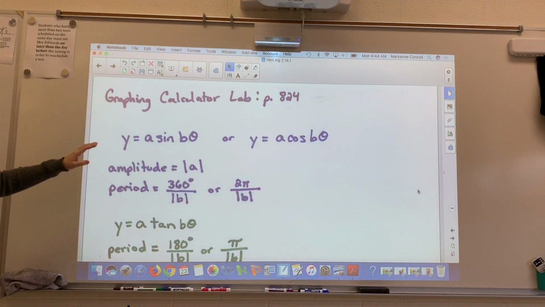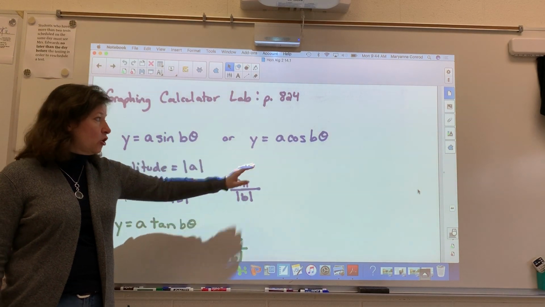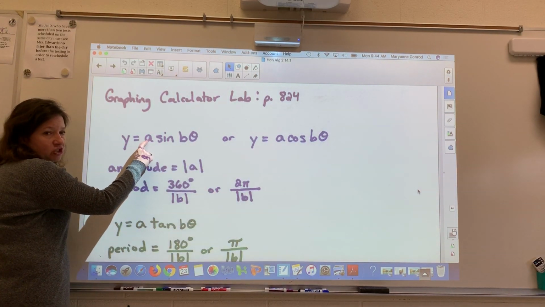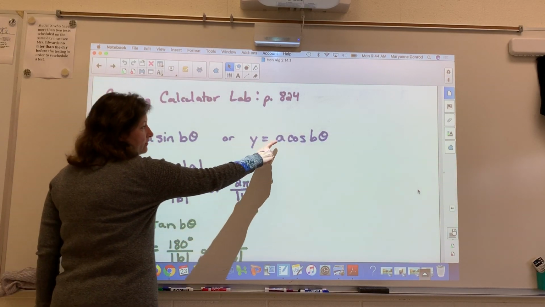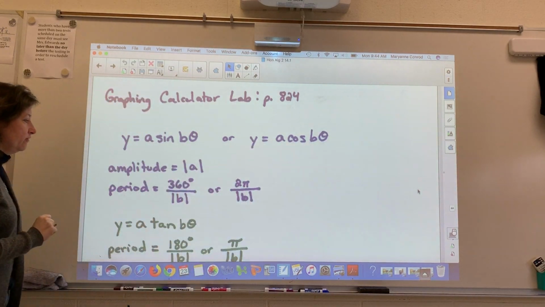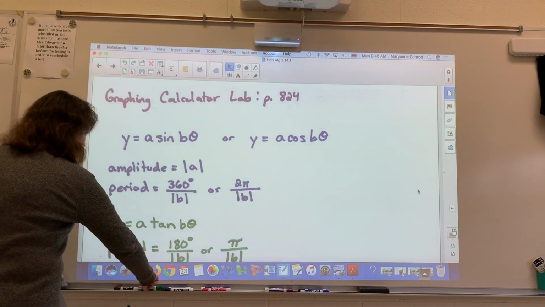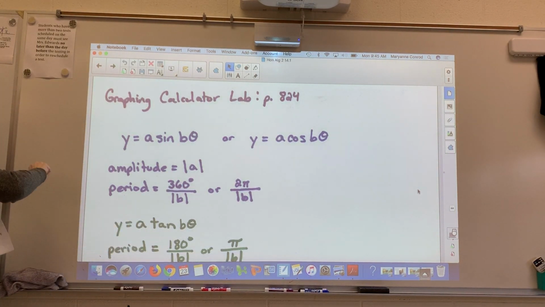So in the sine and the cosine curve, if there is a coefficient, A, in front of the cosine or sine curve, the absolute value of A will be your amplitude. So if you have an equation like y equals 2 sine x, this 2 means my amplitude will now be 2.